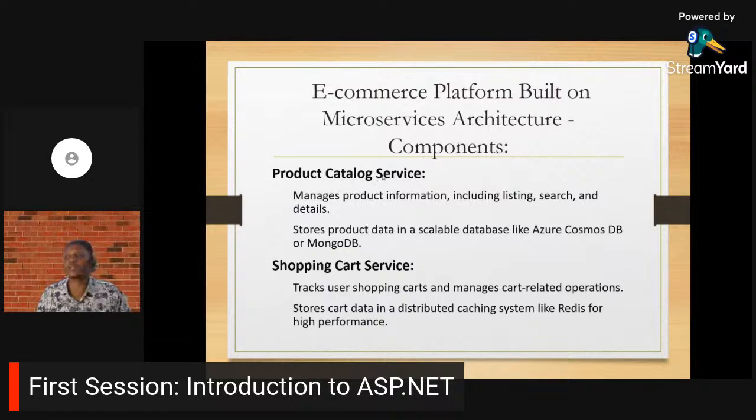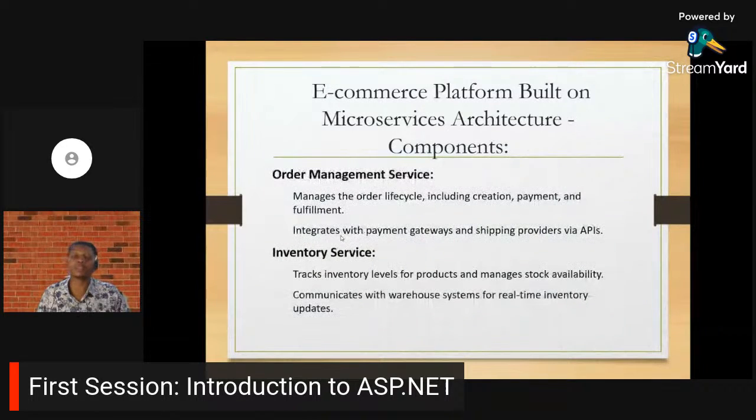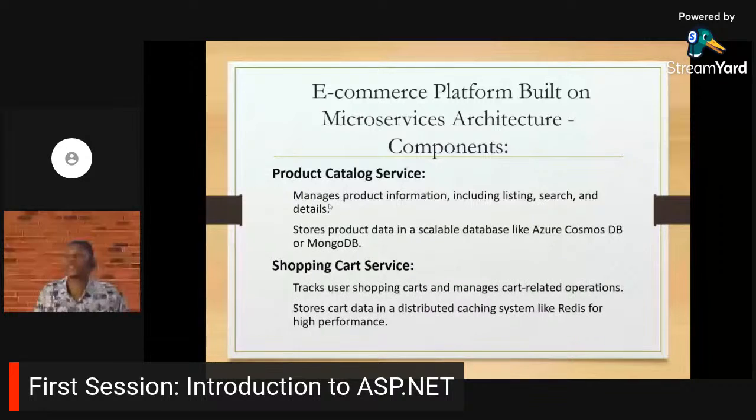Scaling the whole application because of just one service is not proper. I'll just scale the product catalog service. This is where you manage product information, including listing, search, and details. It stores product data on scalable databases like Azure Cosmos DB and MongoDB.